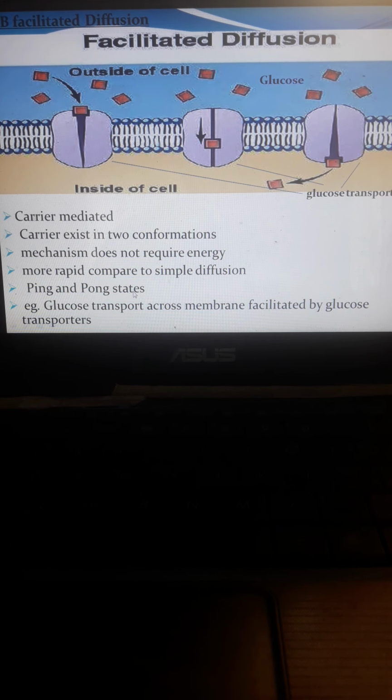It has a ping pong state. Once the biomolecule is carried and received by the transporter, the exit or the efflux is considered the pong state. So glucose transport across the membrane is facilitated by glucose transporters, which are proteins.